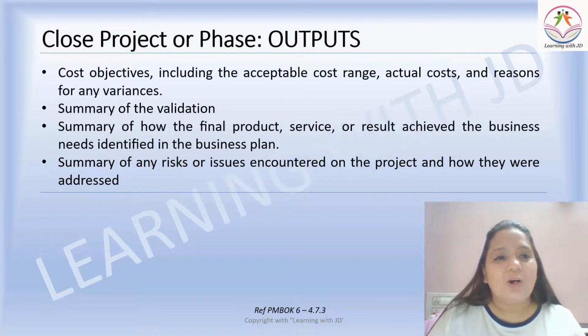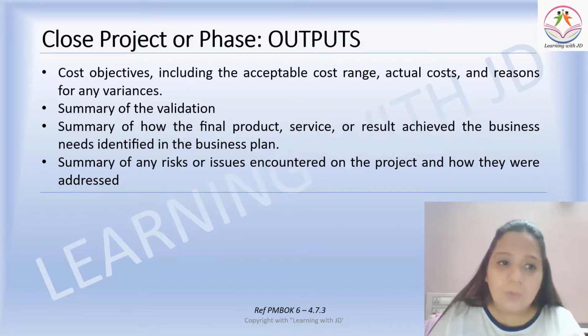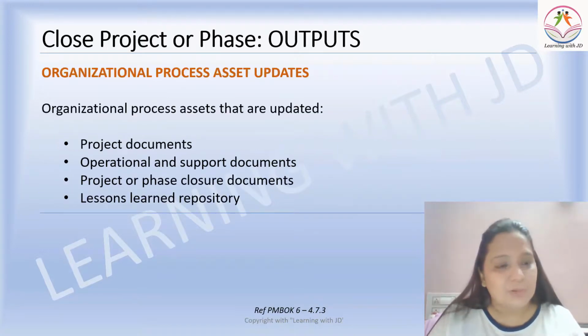The cost objectives include the acceptable cost range, actual cost, and the reasons for any variance. Summary of validation, summary of how the final product, service, or result achieved the business needs identified in the business plan, summary of any risks or issues encountered on the project and how they were addressed. All these are a part of the final report.